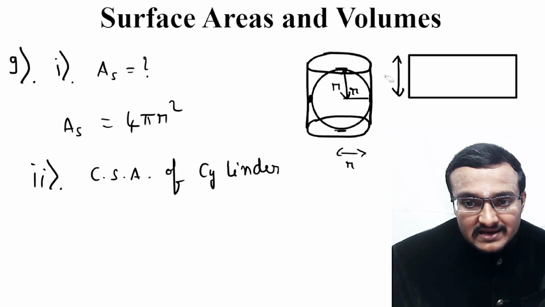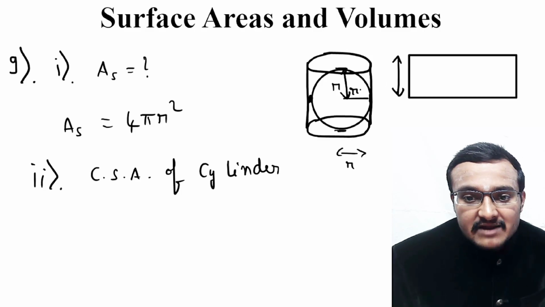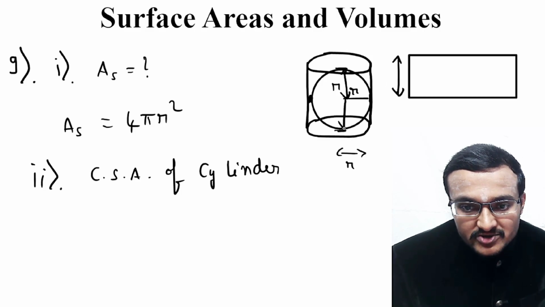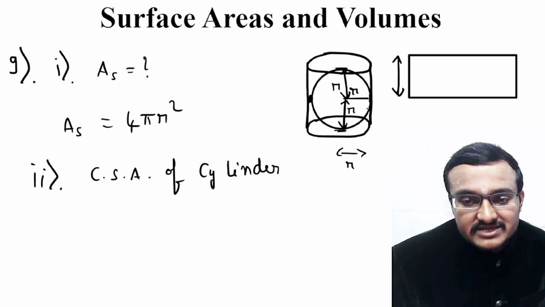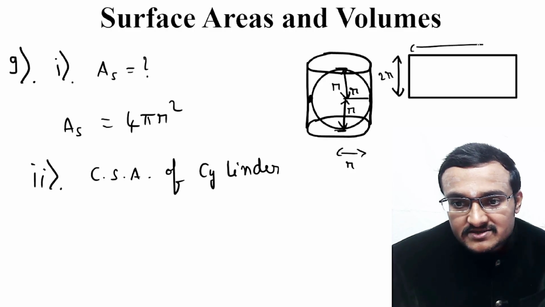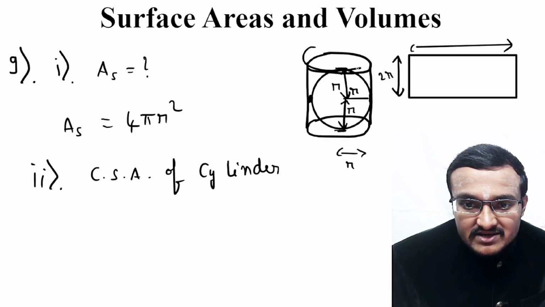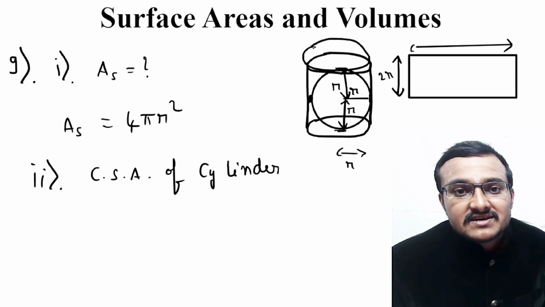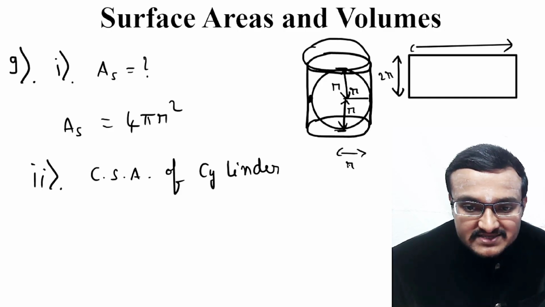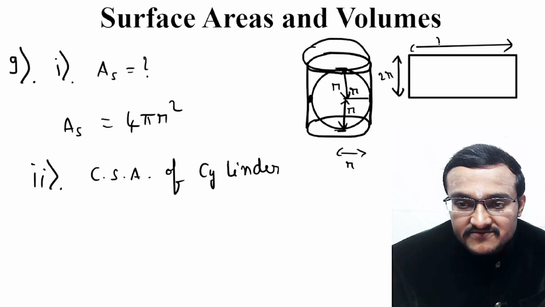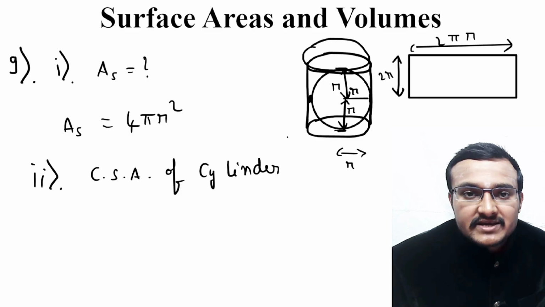The total length of this rectangle will be r plus r, because from here to top it is r and here to bottom it is again r. So r plus r is 2r. And what is the breadth of this rectangle? The breadth of this rectangle is nothing but the circumference of the circle. Here the radius is r, so the circumference of this circle will be 2 pi r.